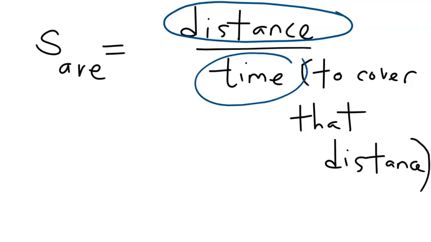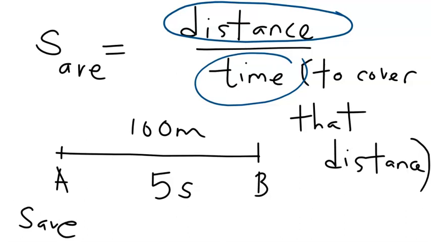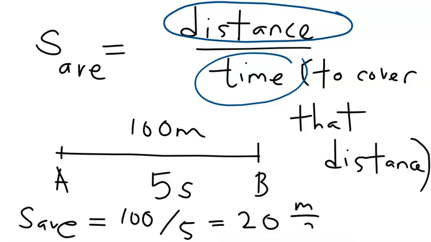So if you have an object moving, let's say again from point A to point B, 100 meters apart, and it takes, let's say, 5 seconds to do it, then the average speed of this object is given by 100 over 5, which is 20 meters per second.